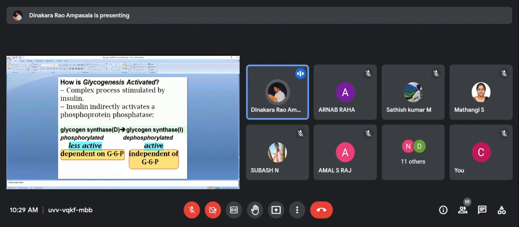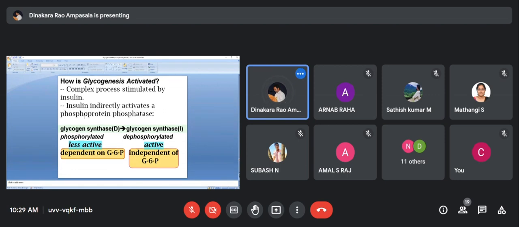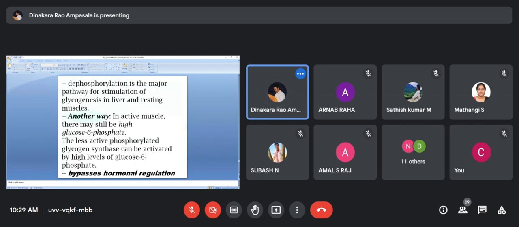So insulin will dephosphorylate and make it active, so that it will synthesize glycogen. Another way: in active muscle, there may still be high glucose 6-phosphate. The less active phosphorylated glycogen synthase can be activated by high levels of glucose 6-phosphate. It bypasses hormonal regulation, in muscle particularly.